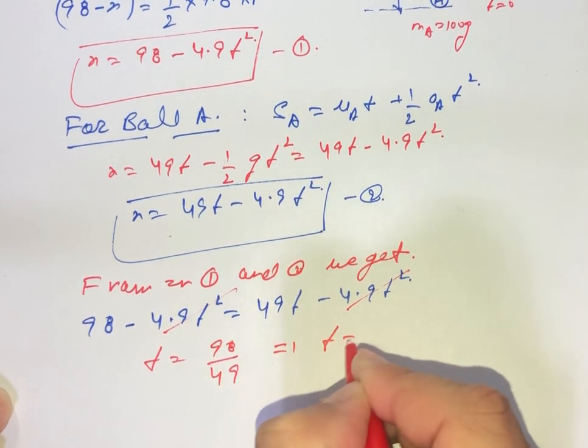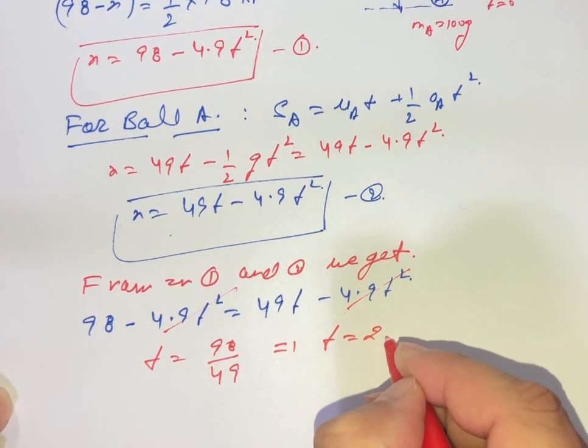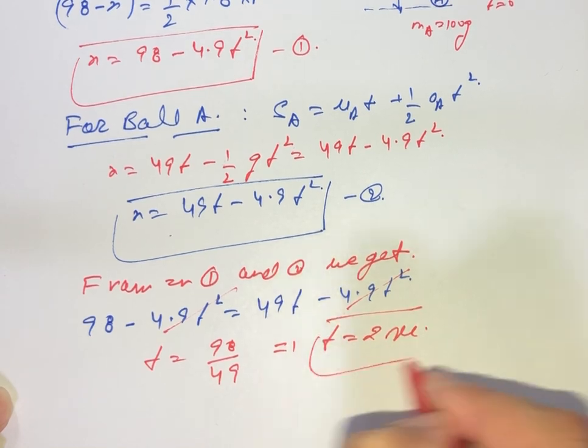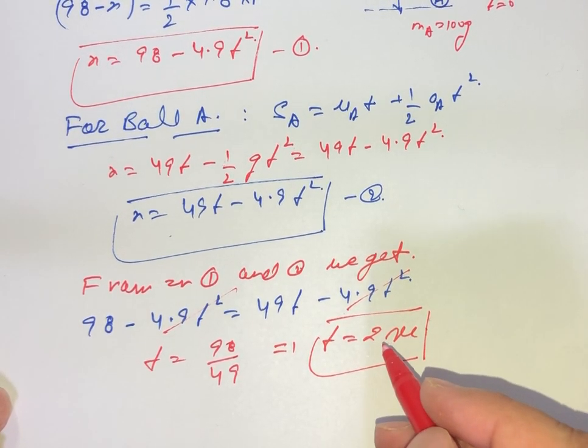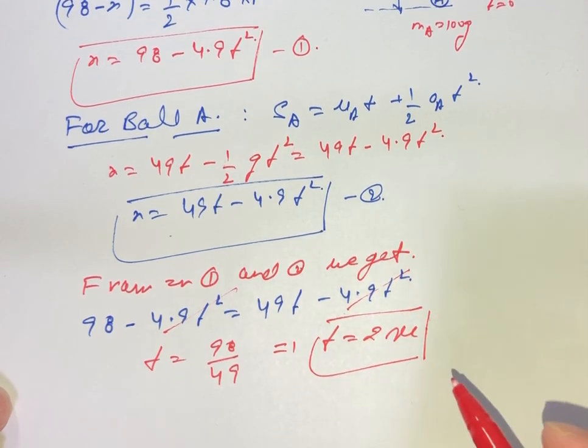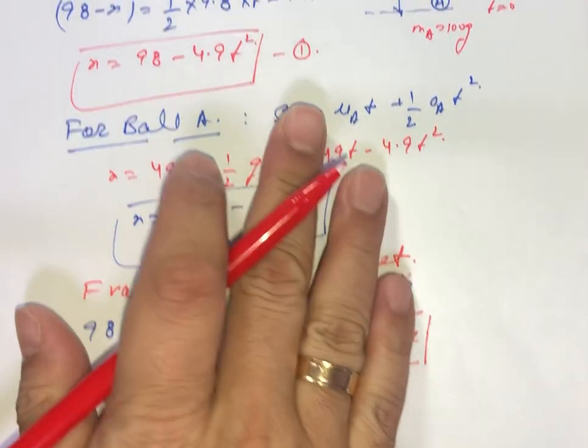So from here we can say t is equal to 2 seconds. So they are going to collide, or we can say they are going to stick together after time 2 seconds.